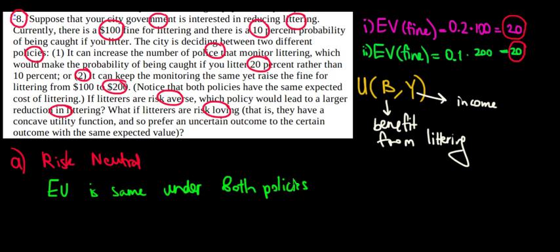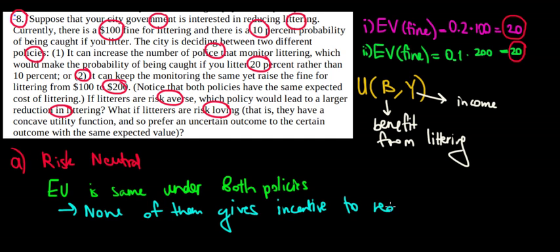So none of them gives an incentive to reduce littering. Okay, that's the simple case when we are risk neutral.